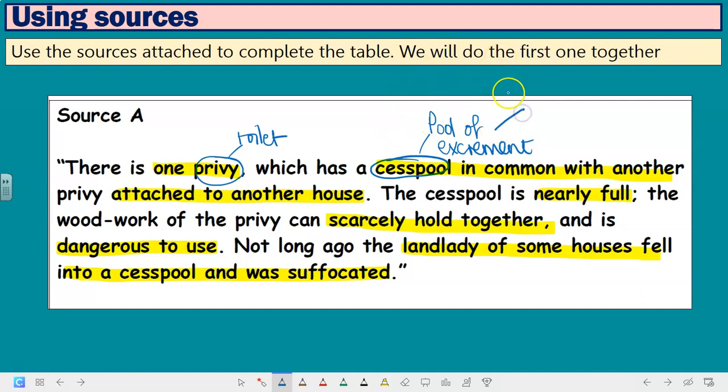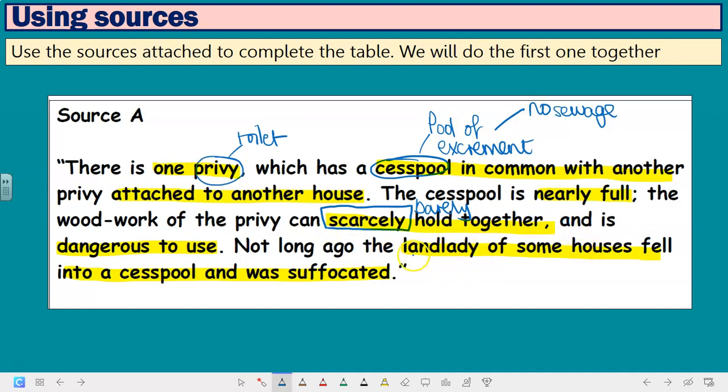There's no pipes that carry this away. It's just a big pool underneath it. And in common with another privy attached to another house is basically saying that that's shared with another house. The cesspool is nearly full, and the woodwork of the privy can scarcely hold together. So scarcely means barely. So basically, this is about to fall down.